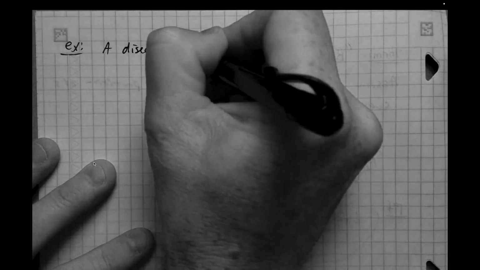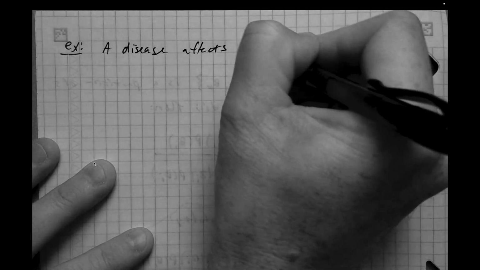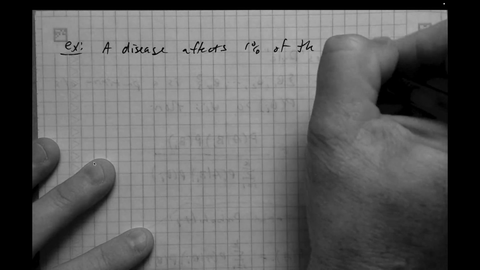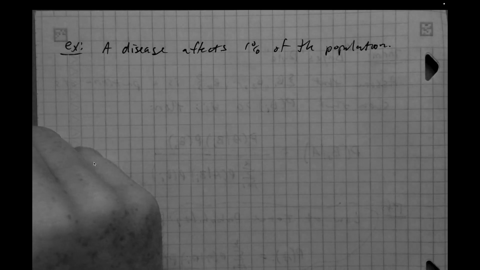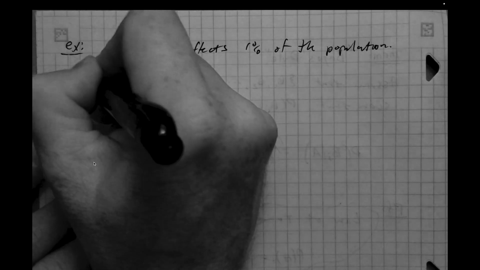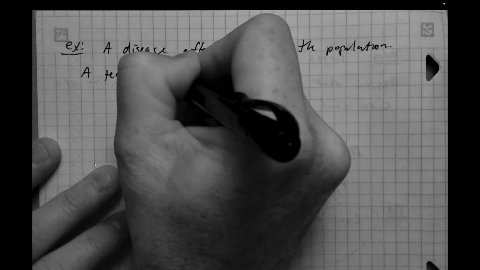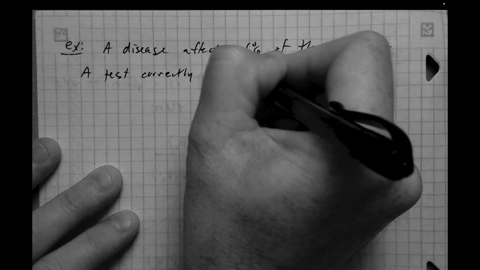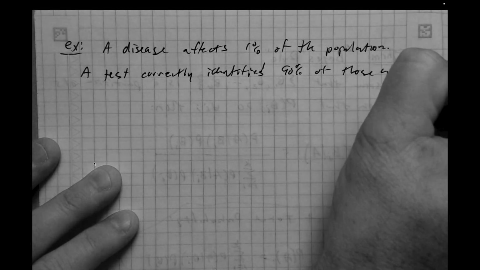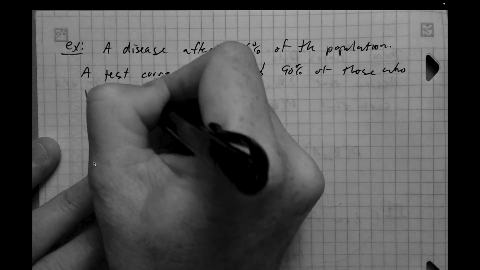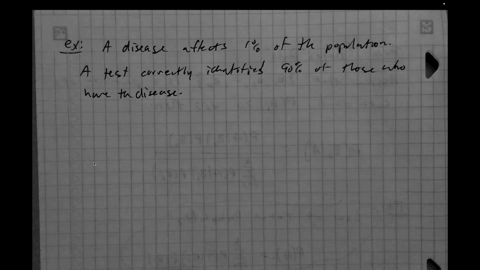A certain disease affects 1% of the population. A test correctly identifies 90% of those who have the disease. So if you've got the disease and you take this test, 90% of the time the test is going to mark you as having the disease.